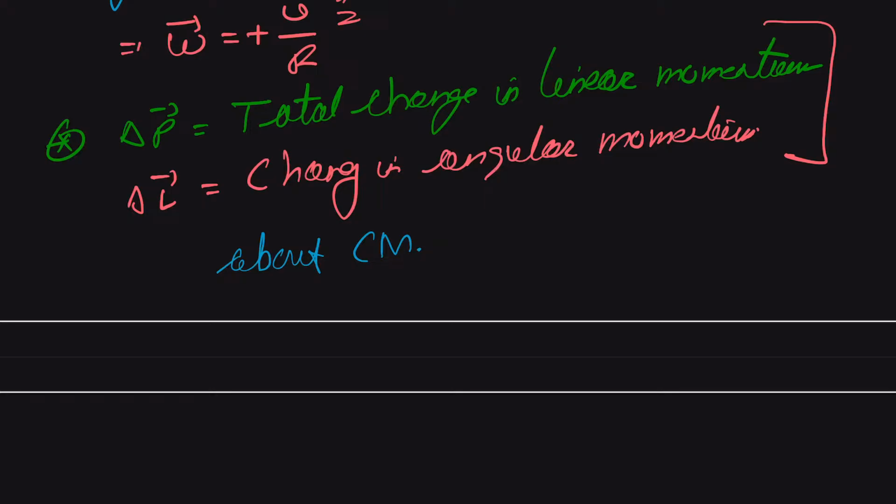It means from the beginning of the paper rolling to the end of the paper rolling. So it starts from the table and ends on the table. In both cases we have a pure rolling motion.